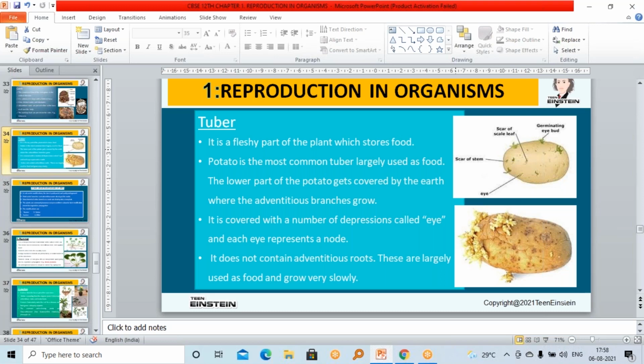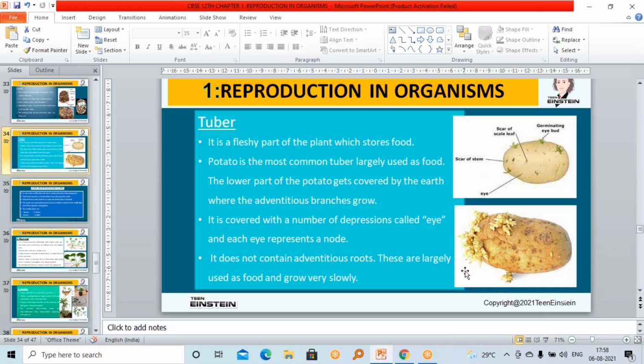You can see here, and a big scar at one edge shows the attachment to the stem.